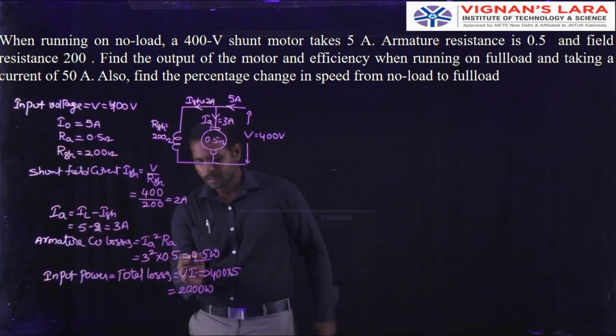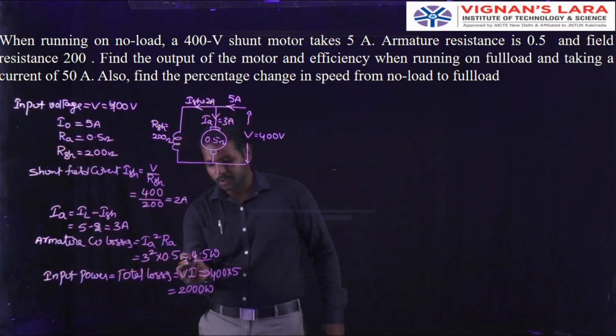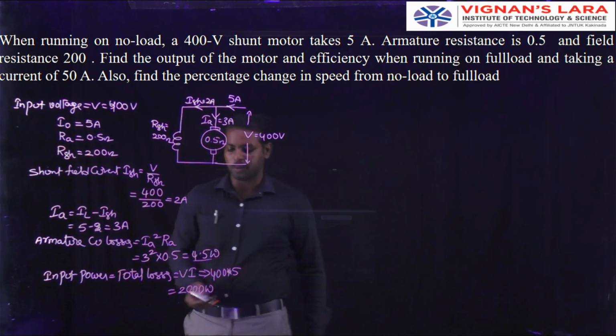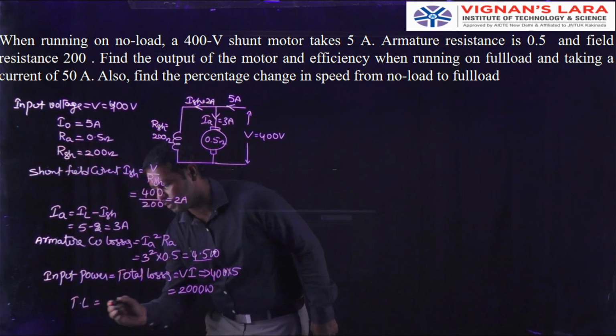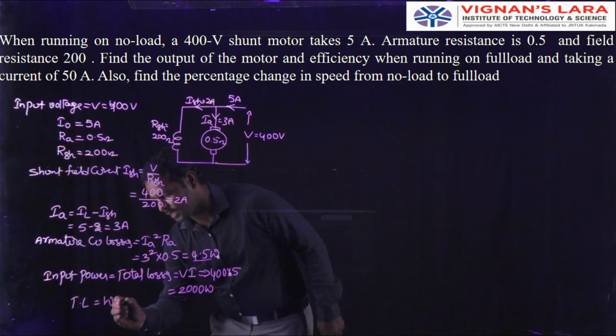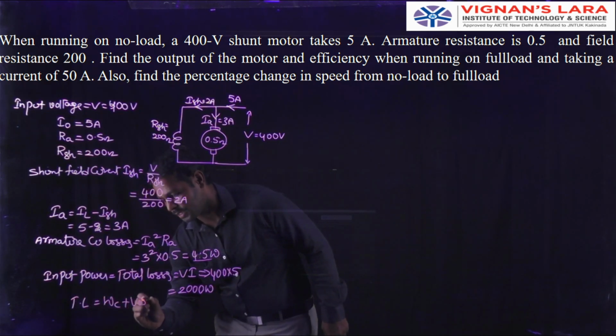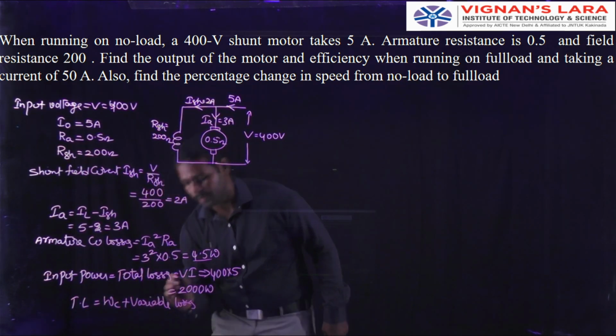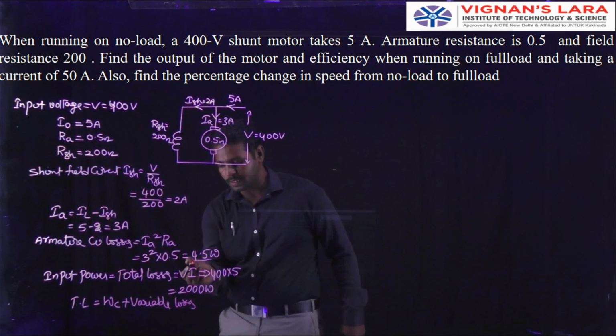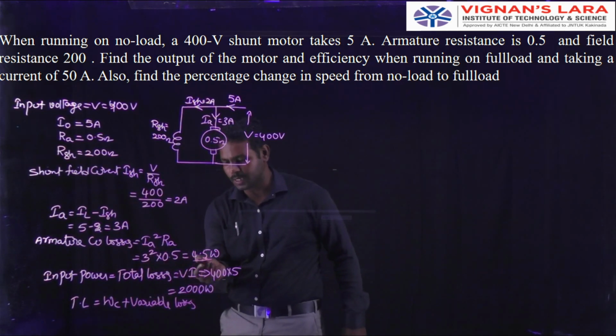Then the armature copper losses, equal to 4.5, are the variable losses. The total losses are equal to constant losses plus variable losses. The variable losses are equal to the armature copper losses, which is equal to 4.5.